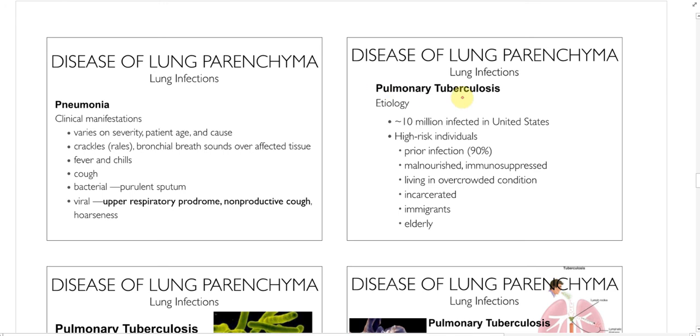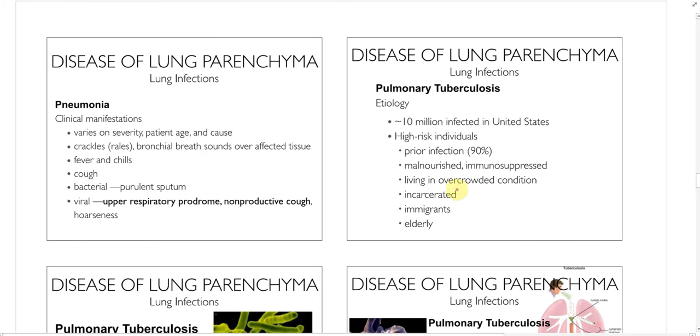All right, so pulmonary tuberculosis is actually a pretty decently common lung disorder or infection. People who are high risk are people who have had prior infections. They are always going to have a very high risk of reinfection. Those who are malnourished or immunosuppressed are not going to be able to fight off the infection from the very get-go.